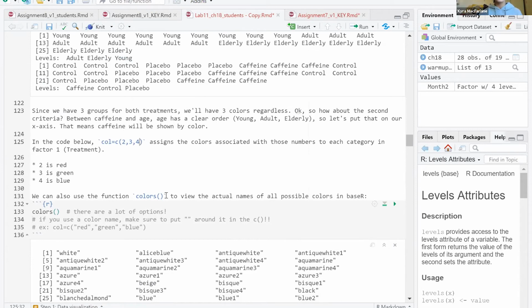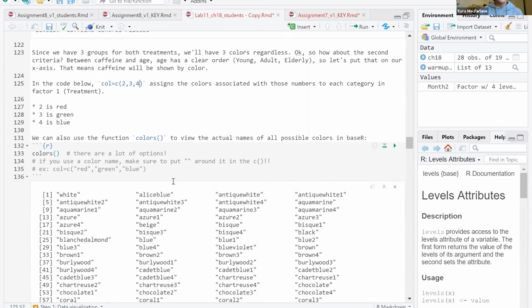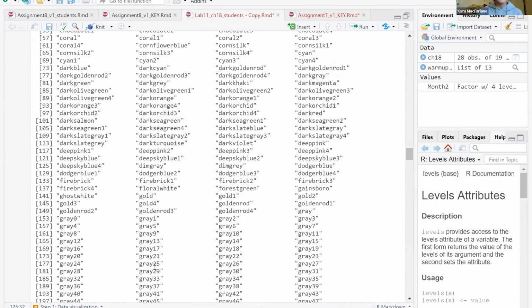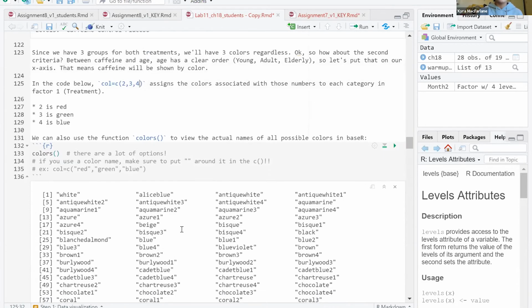If for some reason you decide that you don't want to use 2, 3, and 4, or you want to color code by something that makes more sense with the problem that you're working with, you can type these words in for your colors instead of using numbers. The only difference is that you want to make sure you put quotes around the color. So for example, you could do col equals c, open parenthesis, quotes, red, comma, quotes, green, quotes, blue.